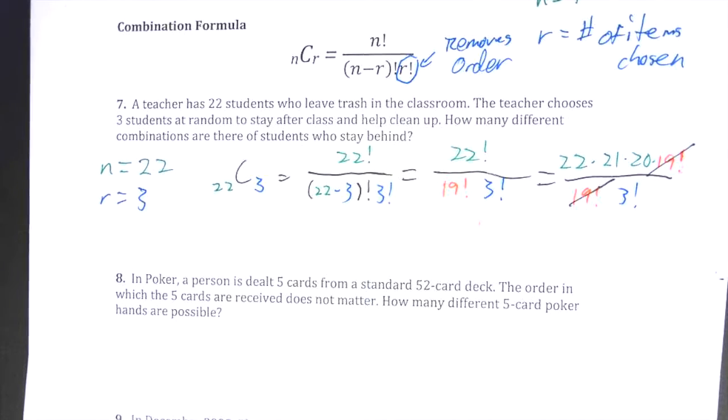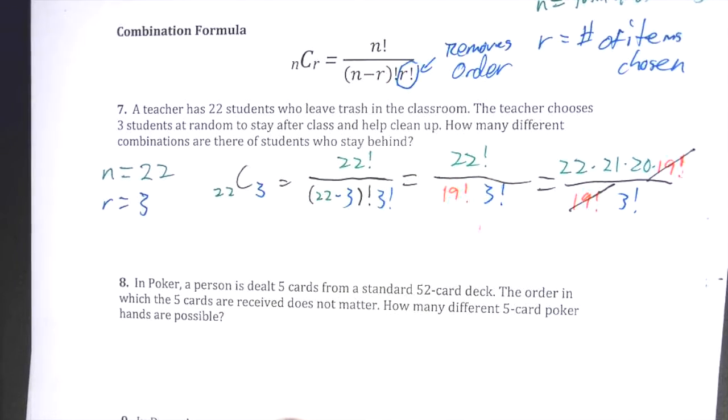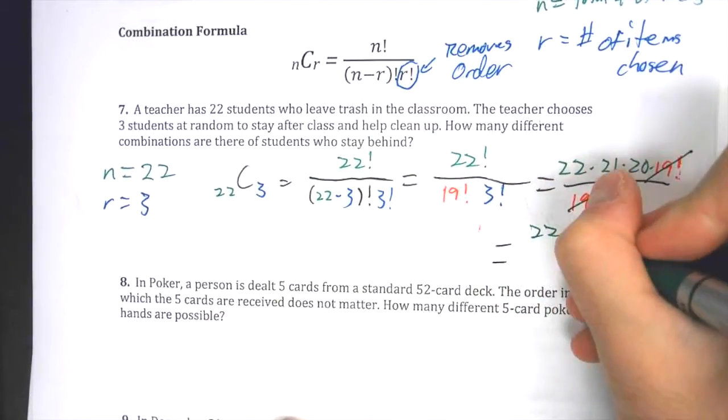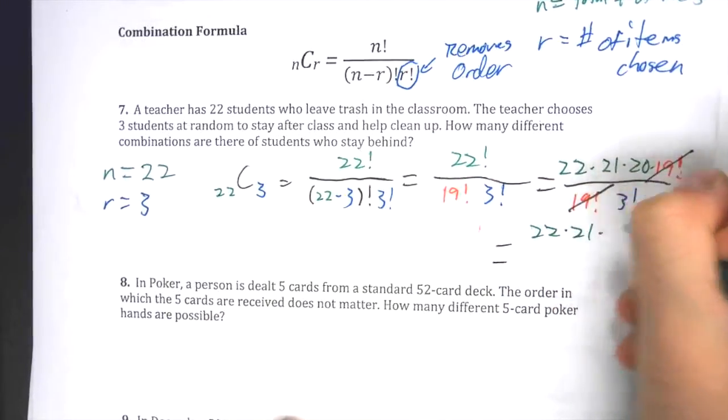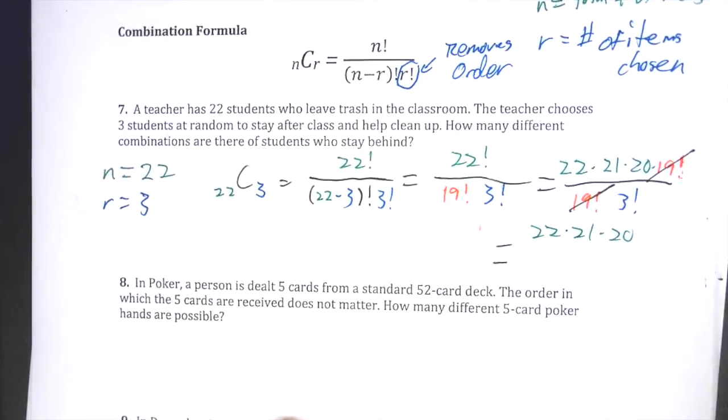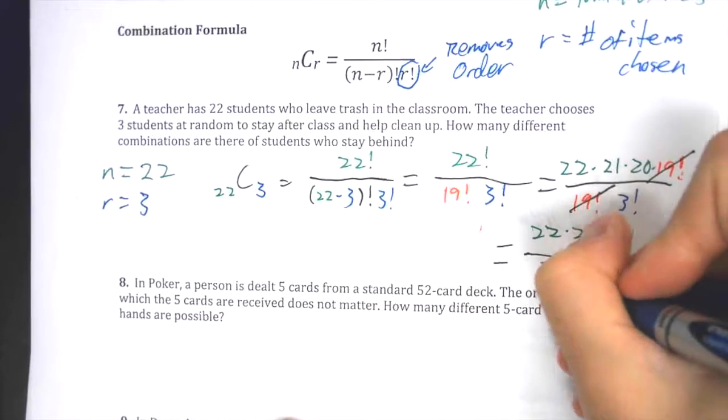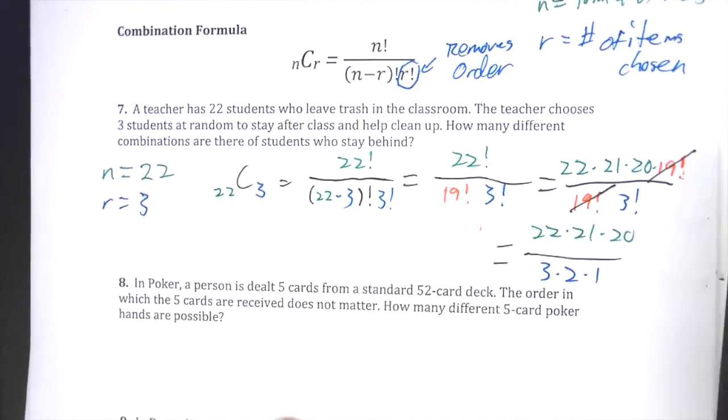So it effectively removes it. If we multiply something by 1, it's just going to be itself as well. So what this leaves behind is 22 times 21 times 20, divided by our 3 factorial, which, if we expand that out, is 3 times 2 times 1.